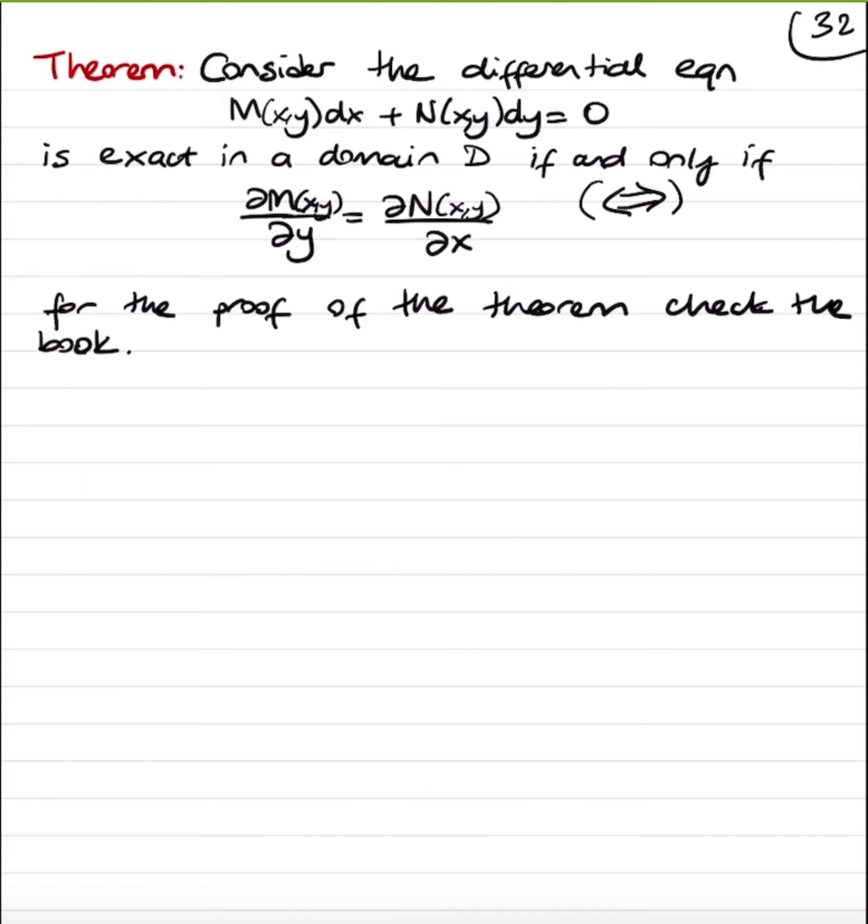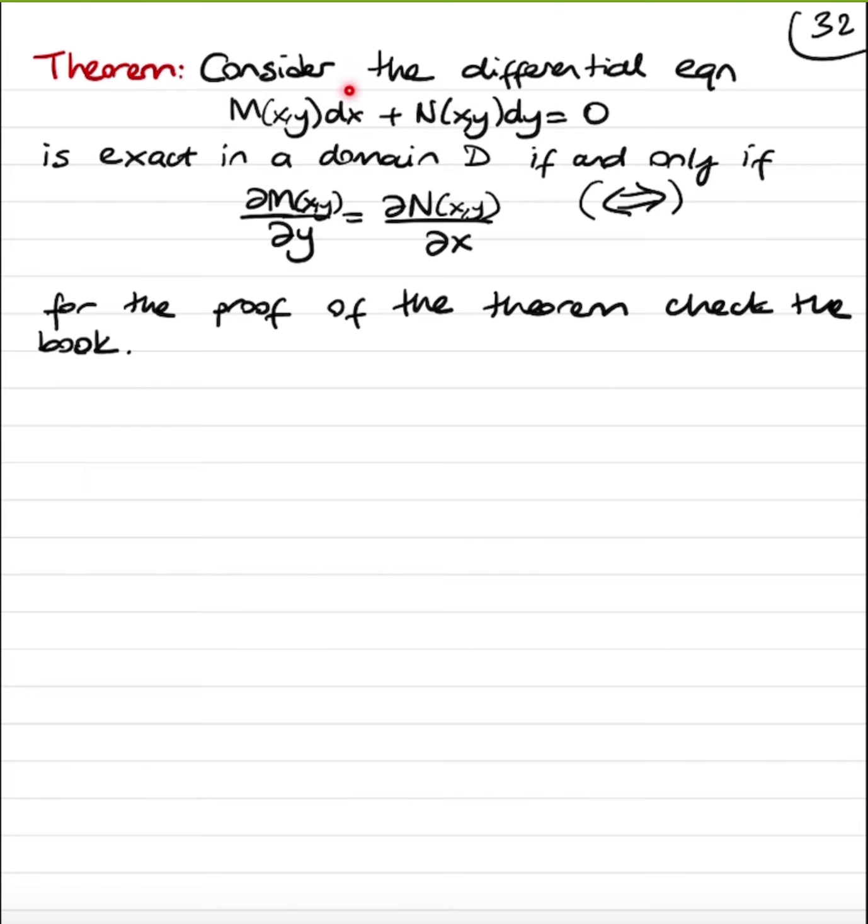The derivative of M, so what is M? M is the coefficient of dx. The partial derivative of M with respect to y is equal to the derivative of N with respect to x. N is the coefficient of dy.